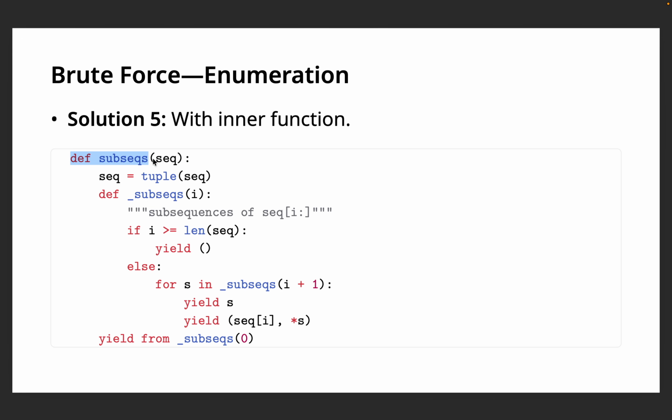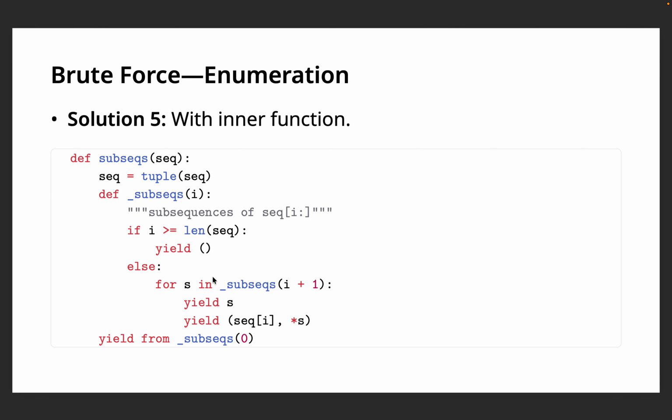So this is from the original subsequences function, then this is what we put into that function. Since the sequence remains the same throughout this inner function, we no longer have to explicitly put sequence as a parameter in this inner function.